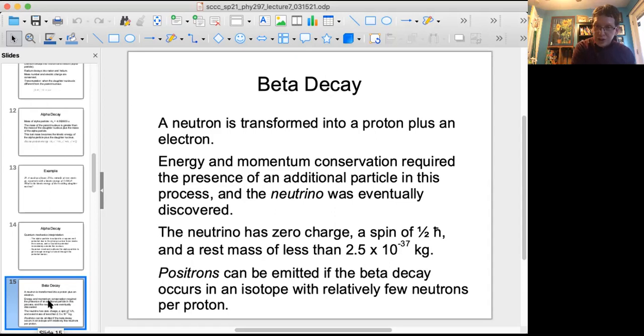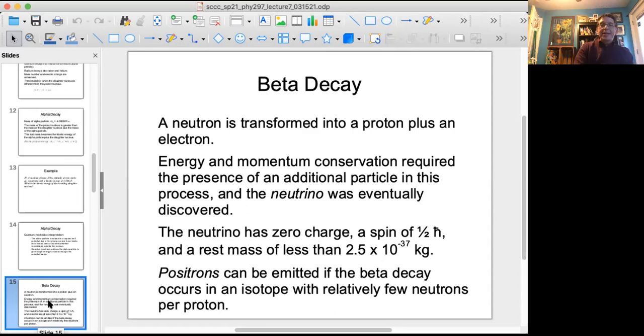It has neutral charge and a very small amount of mass. The maximum bound of the mass is 2.5 times 10 to the negative 37 kilograms. Initially, it was thought, like a photon, to be massless, but now scientists are confident that a neutrino has at least some mass. And it has a spin of 1/2 h bar.